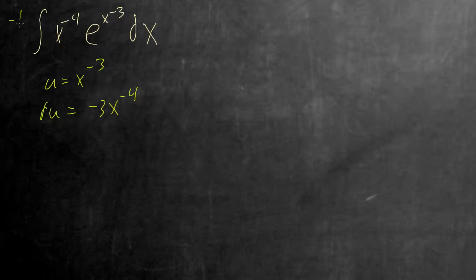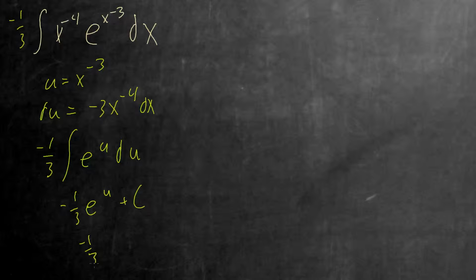So I need a negative 1/3 here because I need a negative 3 there. So negative 1/3, the integral of e to the u du, e to the u. So negative 1/3 e to the u plus c, negative 1/3 e to the x to the negative 3 plus c.